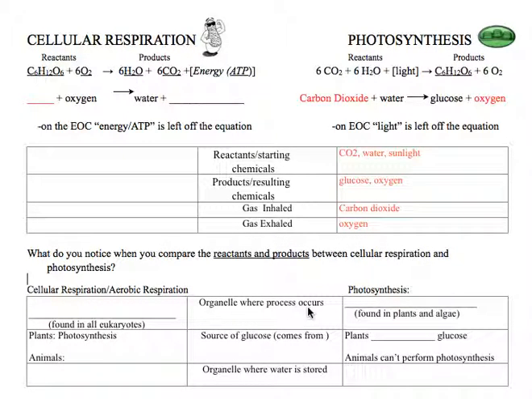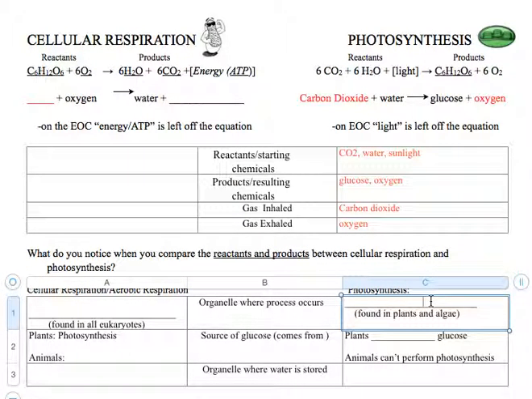The organelle where photosynthesis occurs. And this organelle is found only in plants and animals. And what organelle does photosynthesis occur in? You remember? Okay, it is going to be the chloroplast. Okay, so that's the organelle that it takes place in.